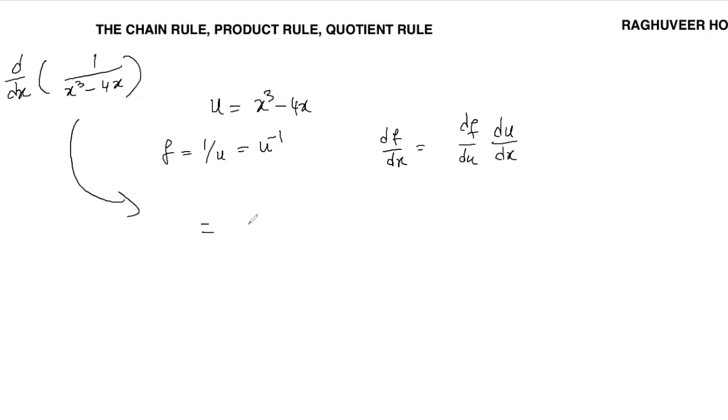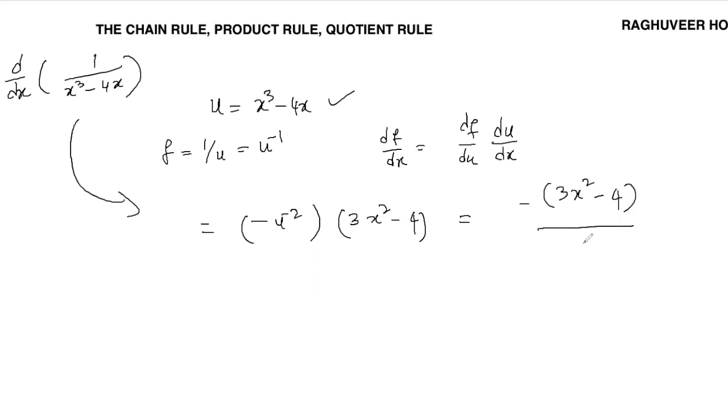So this is minus u to the power of minus 2, and the differentiation of u would be 3x squared minus 4, which gives 3x squared minus 4 by u squared, or we can put this as minus 3x squared plus 4 divided by u squared, which is x cubed minus 4x, whole squared.